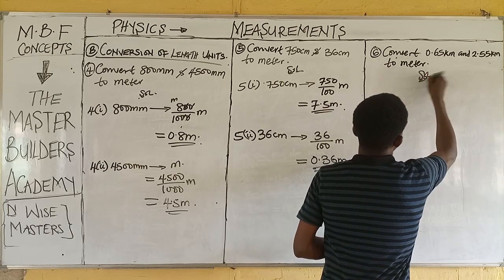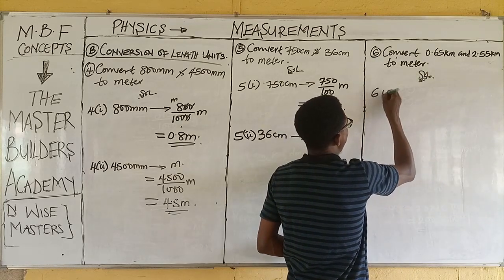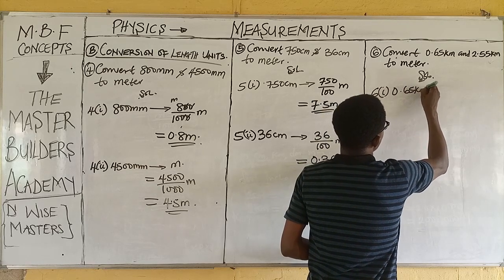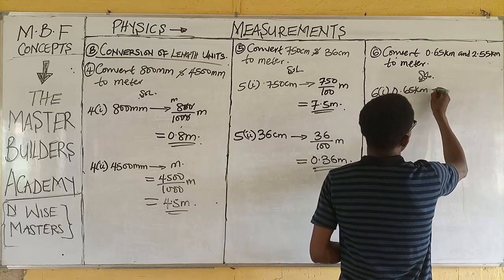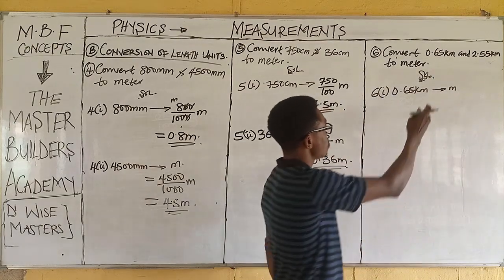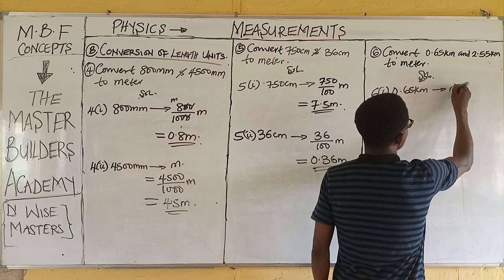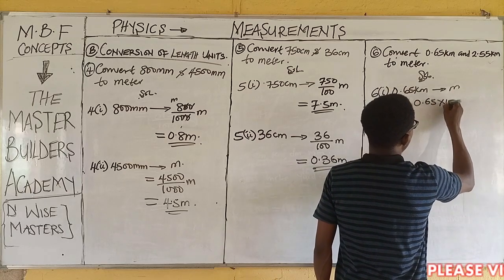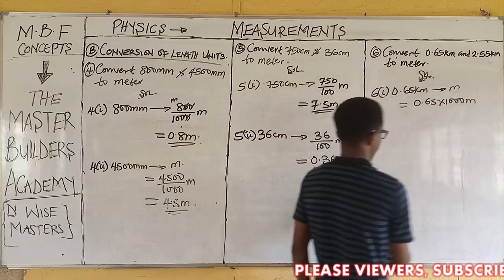Now we have 6 I, which has 0.65 kilometer, and we are converting this to meter. We have already gotten the rule, so all we need to do is 0.65 multiplied by 1,000, now in meters.